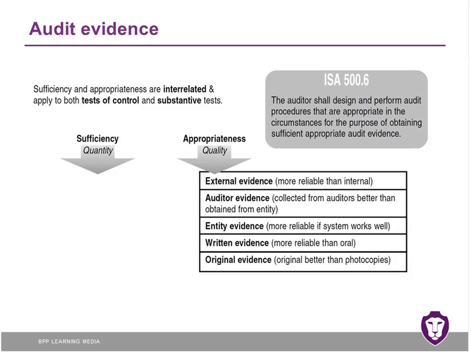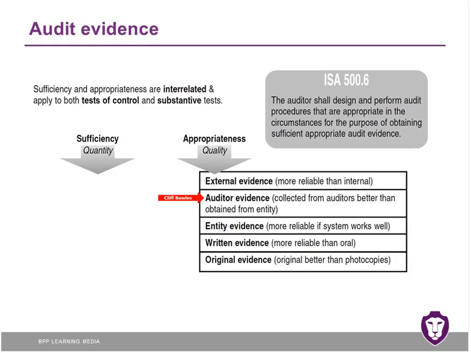You just need to understand about evidence. That evidence has got to be appropriate. It's got to be of the right quality. We also need the right quantity of evidence, but the quality of evidence is important. So external evidence, something from your bank about the business, is probably more reliable than an internal memo.